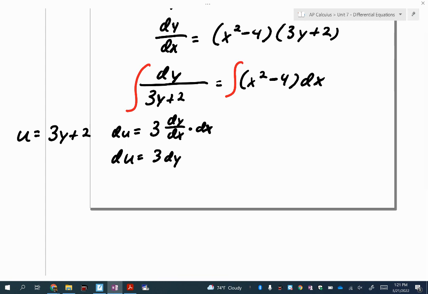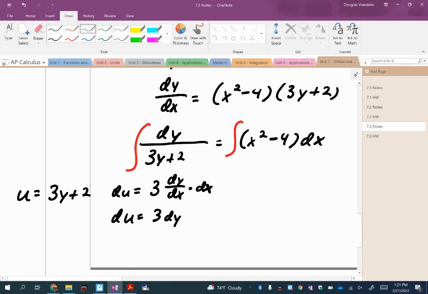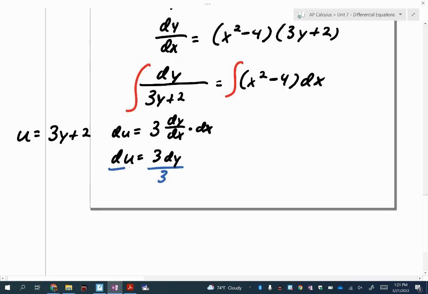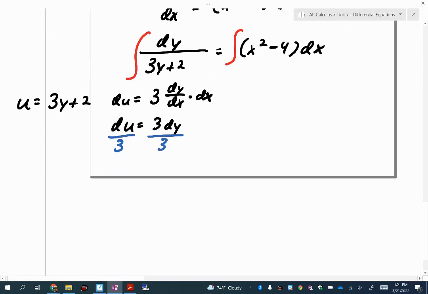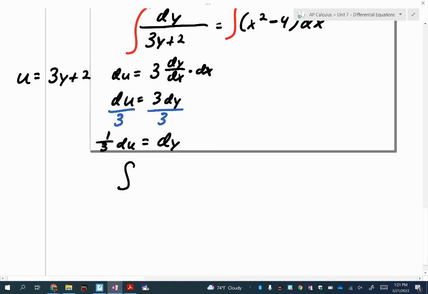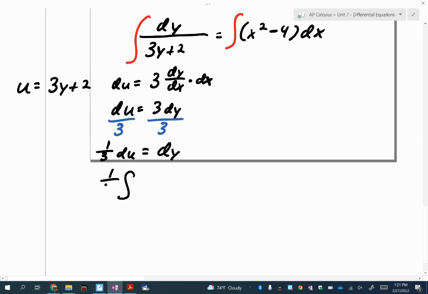So like we did in the previous unit, we're going to move the 3 over with division and write this as 1/3 du equals dy. So now my integral is going to be 1/3 out front, and it's going to be u to the negative first power, and then du.